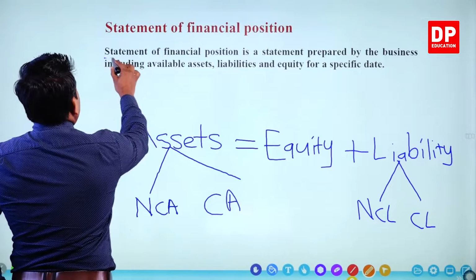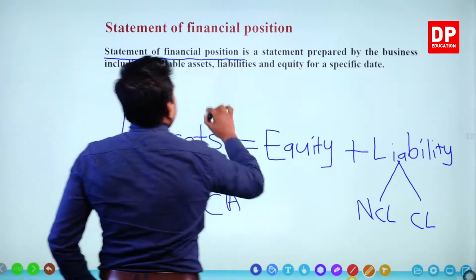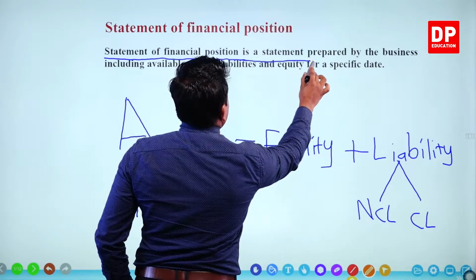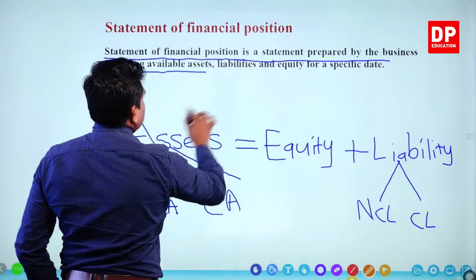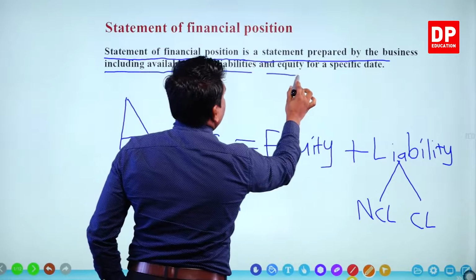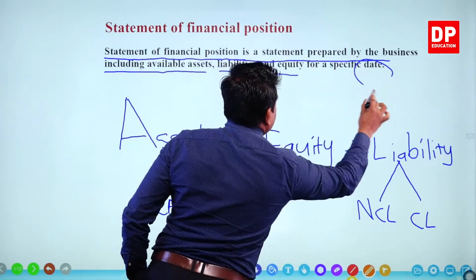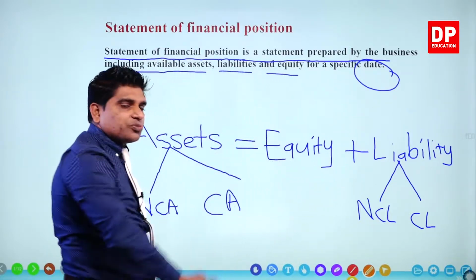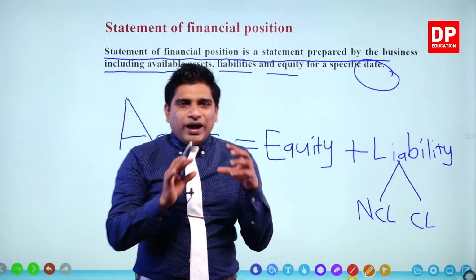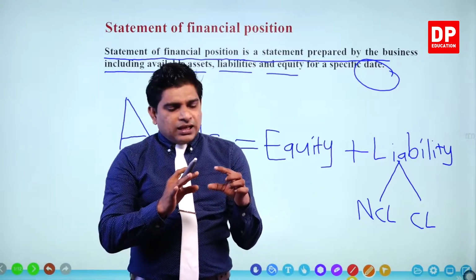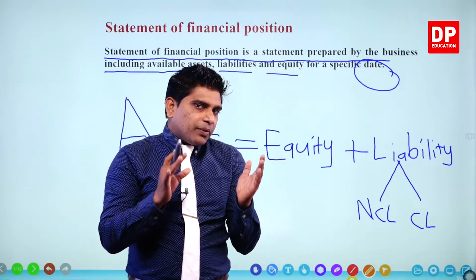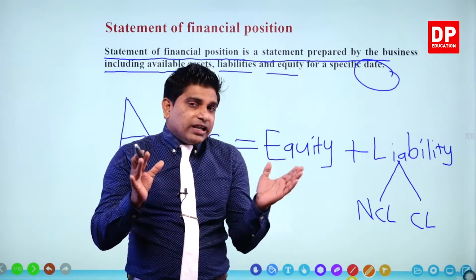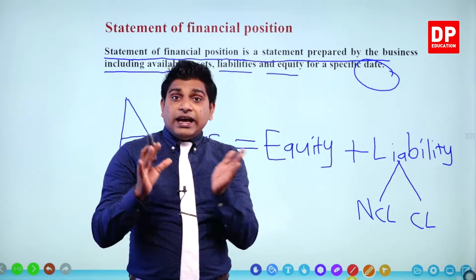Statement of financial position is a statement prepared by a business including available assets, liabilities and equity for a specific date. You must remember this, specific date. Remember why I say specific date. Generally the profit and loss statement is prepared for a 1 year time, like for the year ended.